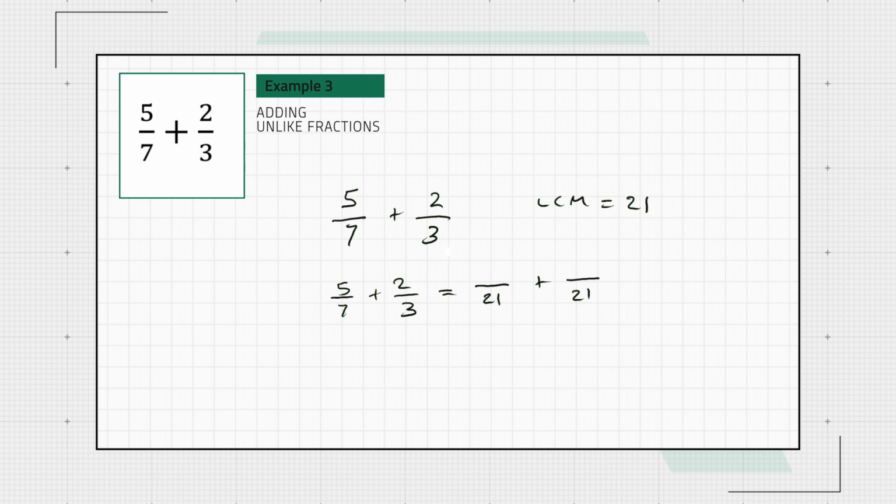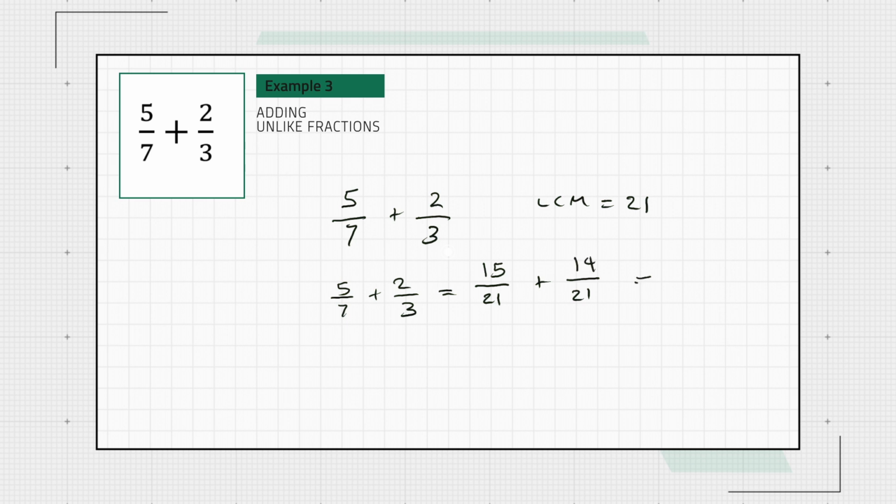To go from 7 to 21, we multiplied it by 3, so we have to do the same to the 5, which means you do 5 times 3, which is 15. Now to go from 3 to 21, we have to multiply it by 7. So we have to multiply the 2 by 7 as well to get 14.